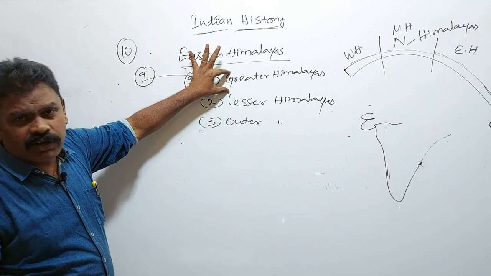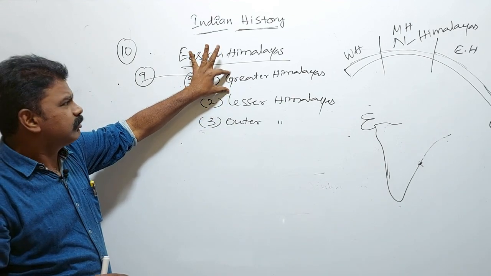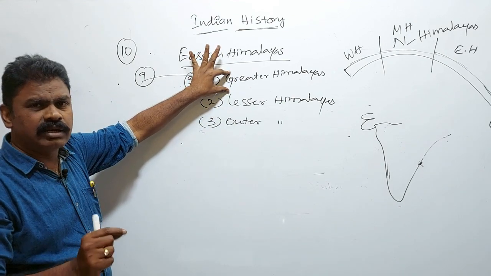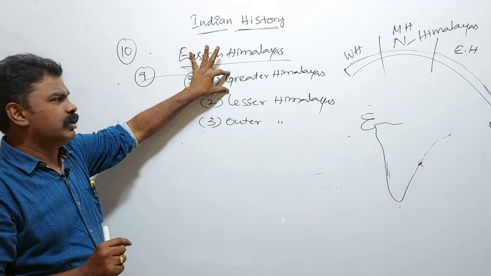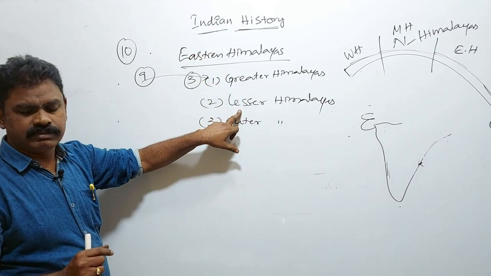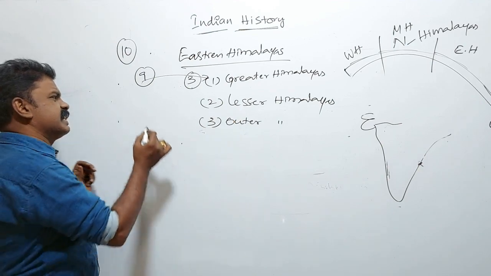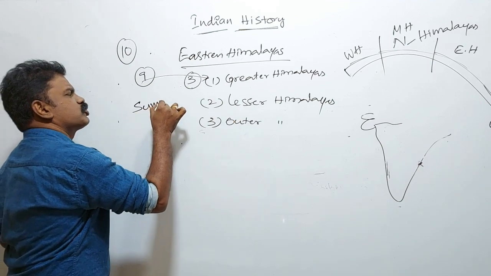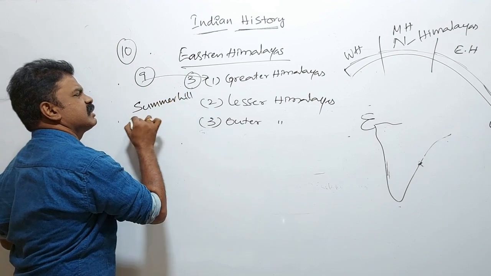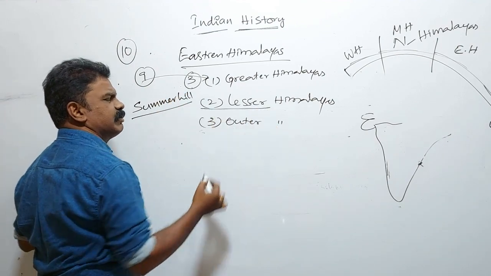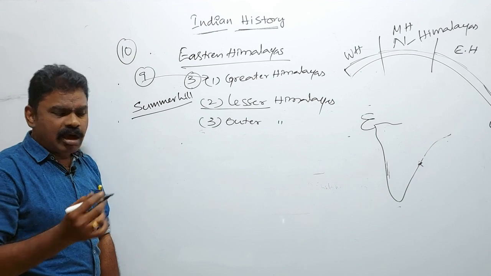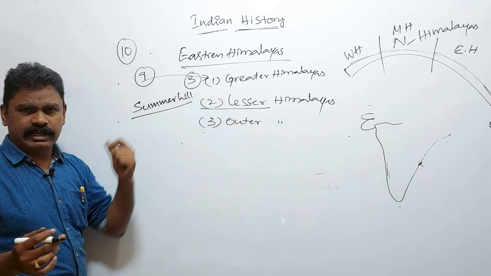So it is a center for Hindu traditional religious things. Coming to the Lesser Himalayas, almost all summer hill stations are located in the Lesser Himalayas, like Darjeeling and Simla. All these are situated in the Lesser Himalayas.